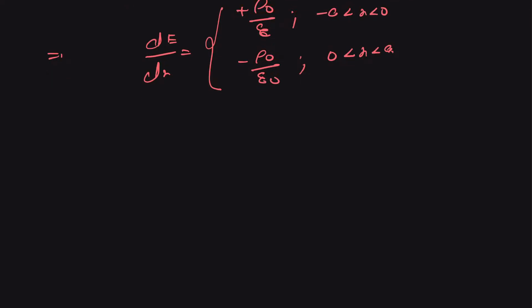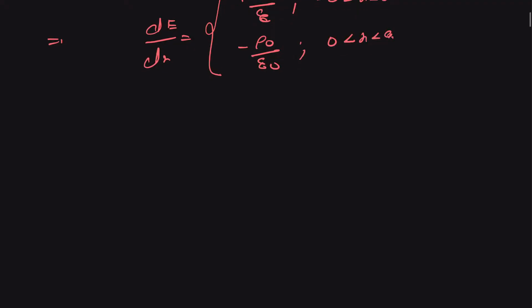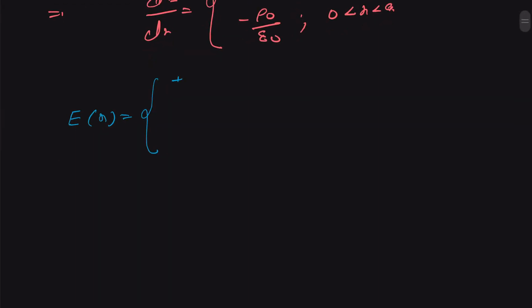And if we integrate it, we are going to get a value of electric field that is dependent upon our x, and it is going to give us two values. First value will be plus rho naught upon epsilon naught times x plus constant c1, lying between minus a and 0.